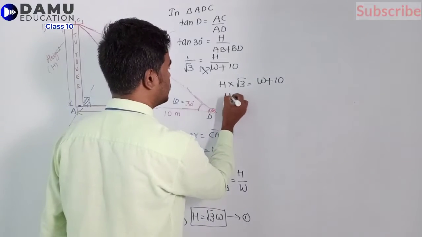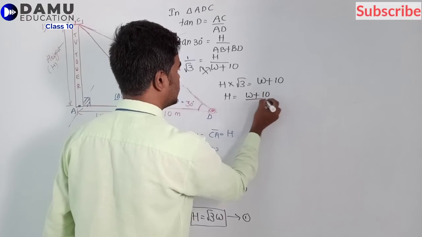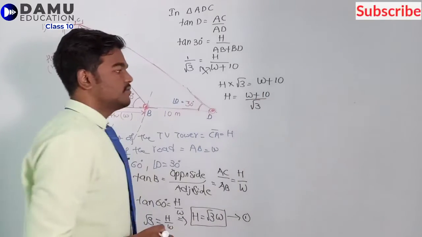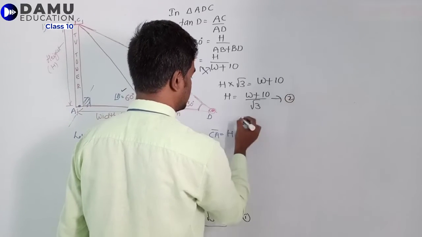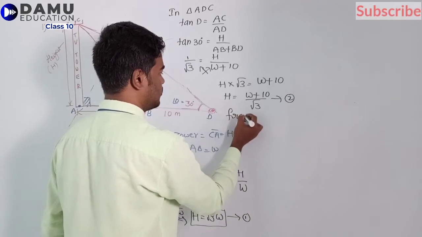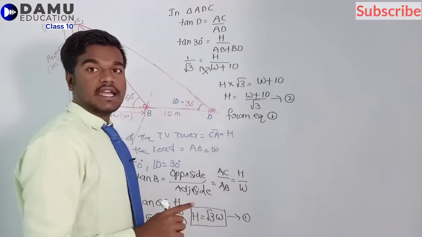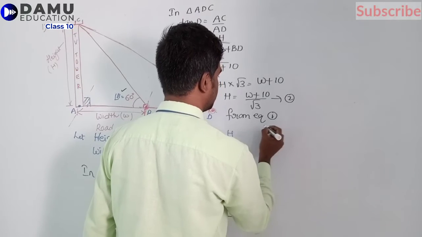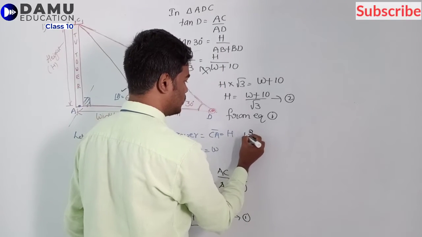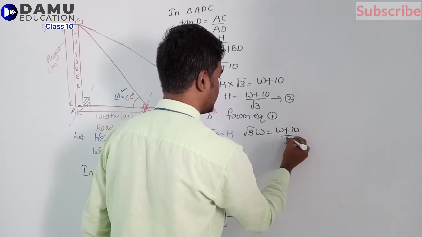So H will be equal to W plus 10 by root 3.